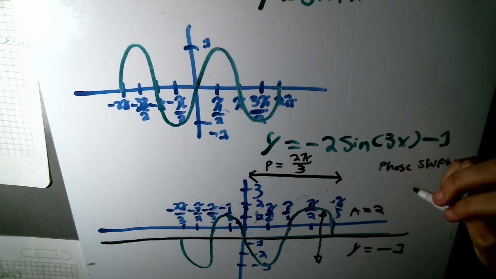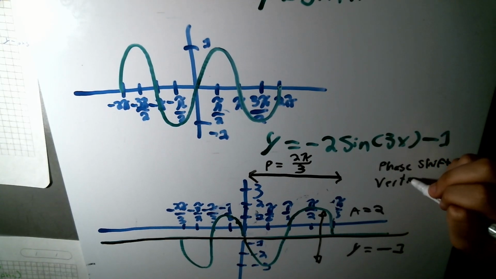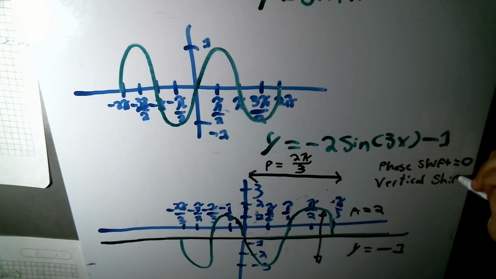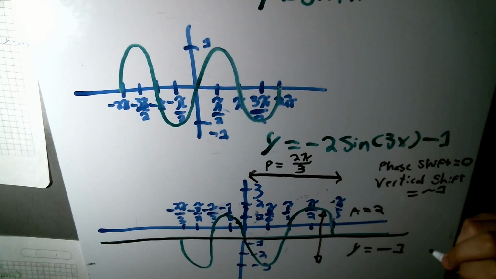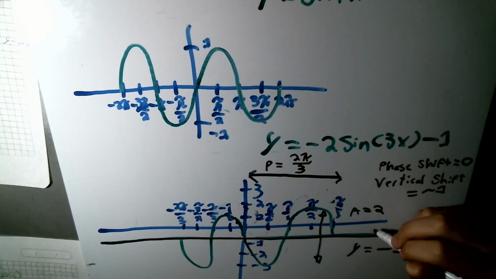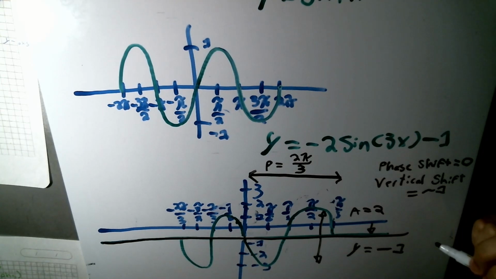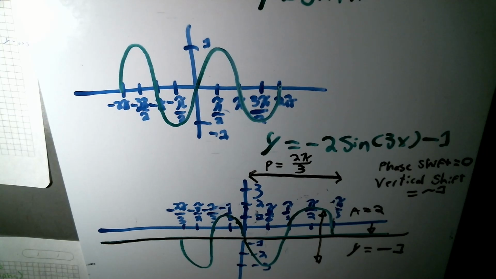It does not exist. And the vertical shift equals -1. I'm going to write that one here, and it is right there. And this is the whole graph, finally, with the 5 key points and transformations and the conventions with sine of x. Okay, that's great.